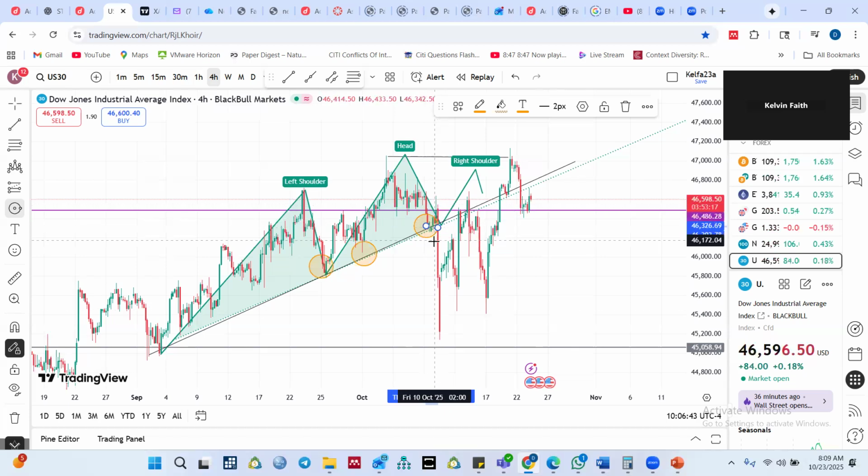So the head tests it, moves up, but comes down and then breaks it. Okay, so what this means is that if price hits here and goes up, and now it has broken it, it's telling us that below this neck or trend line, it's going to sell.